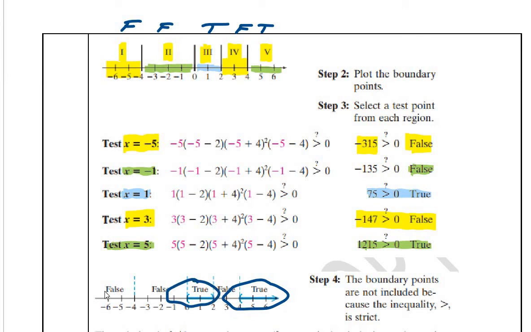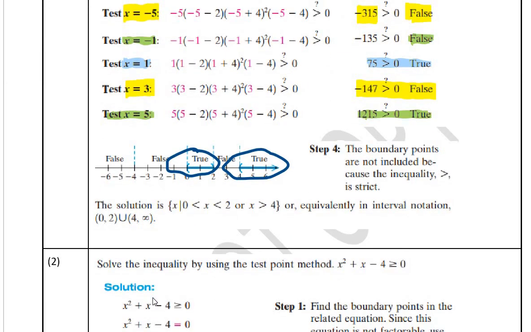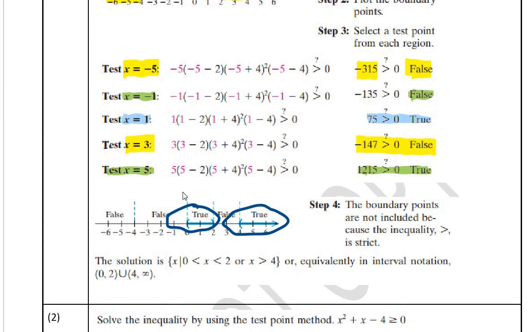Our final answer is then going to be between 0 and 2 and greater than 4. Or if you write it in interval notation, 0, 2, and 4, infinity, where the union symbol means or. So you can either write or, like we did here, or you can write a semicolon if you want to, or you can write the symbol for or.